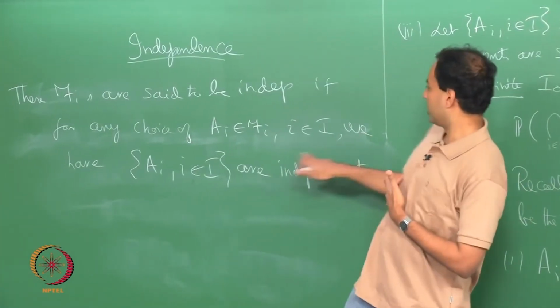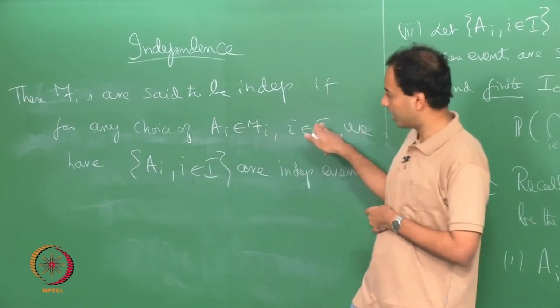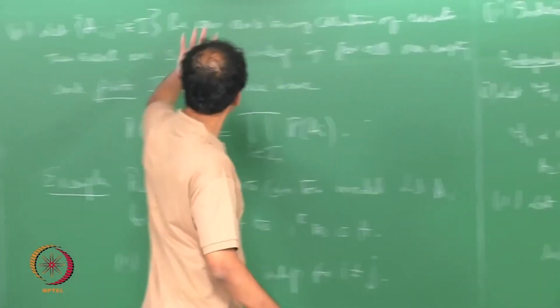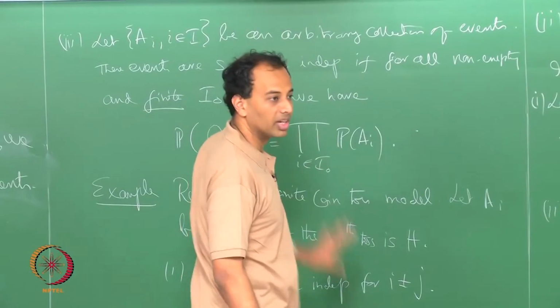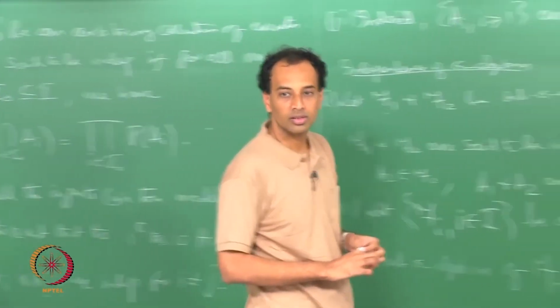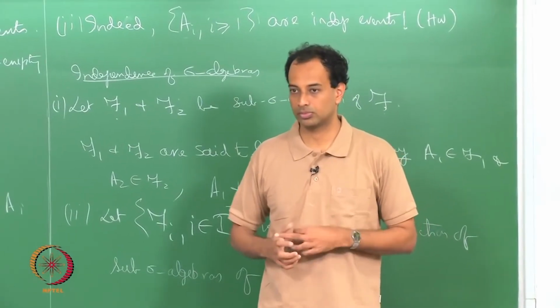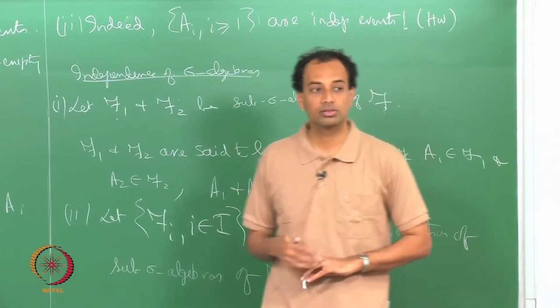So, which is why I have said for any choice of Ai in Fi, i belongs to I, this collection is an independent collection of events. And this is what I mean by Ai's are independent. Okay. Any other questions?